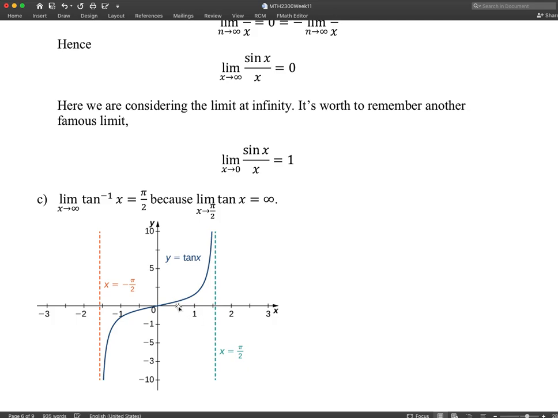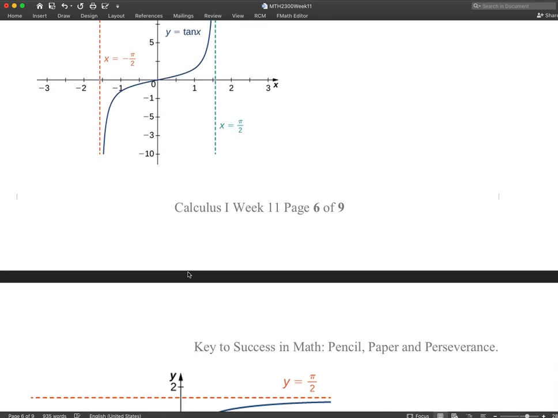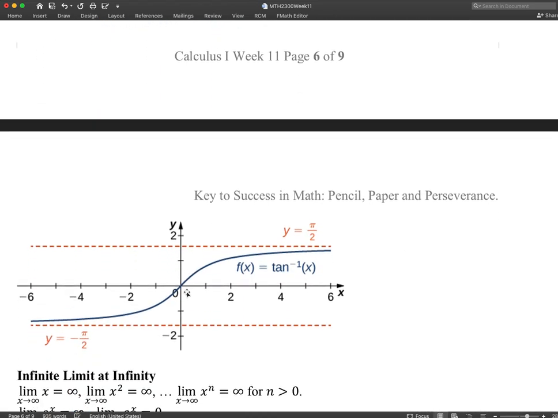For tangent, as x approaches π/2, the tangent value approaches infinity. And then think about the inverse case, and the book does provide a very nice graph for tangent inverse. I just copied and pasted the graph of tangent inverse from the book here.